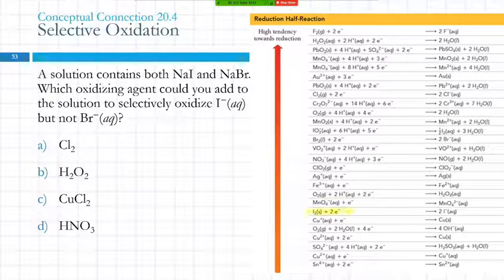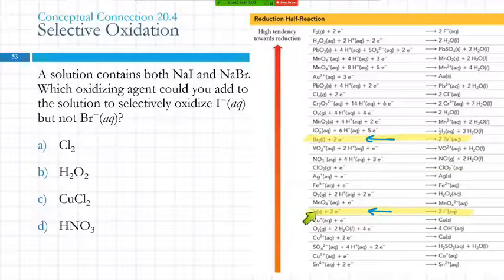All right, so here is iodide, and here is bromide. And these are going backwards. So these are backwards.